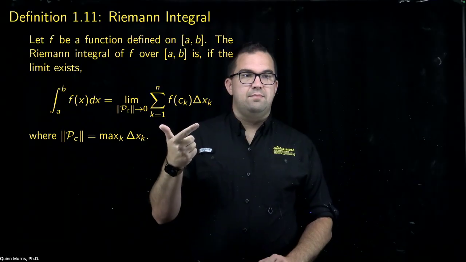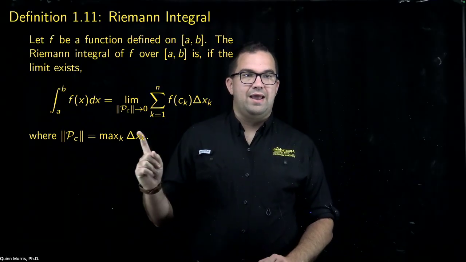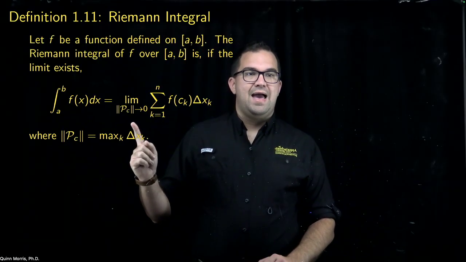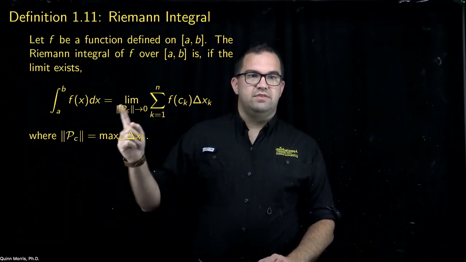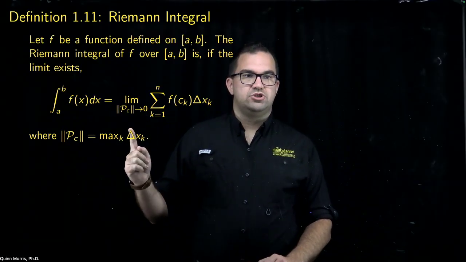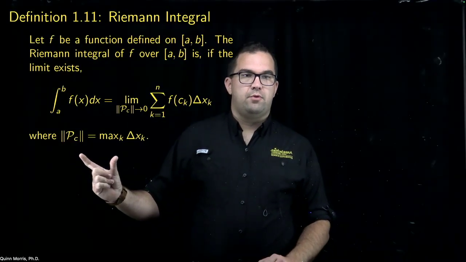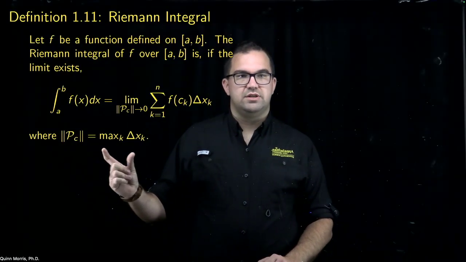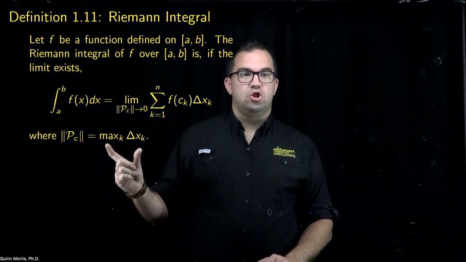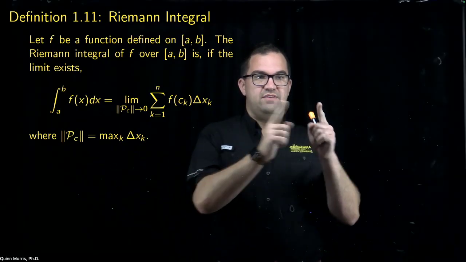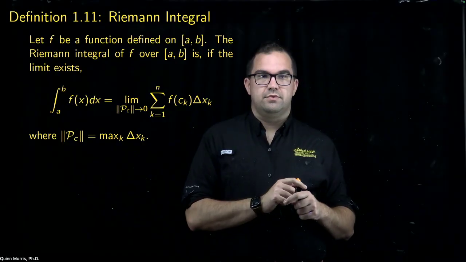So I want to take the Riemann sums and look at what happens to them as the limit of the norm of the partition goes to 0. And we define down here the norm of the partition. The norm of the partition is just the largest width of any of the subintervals, right?